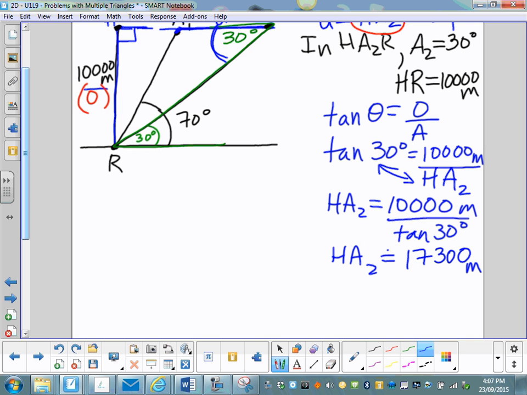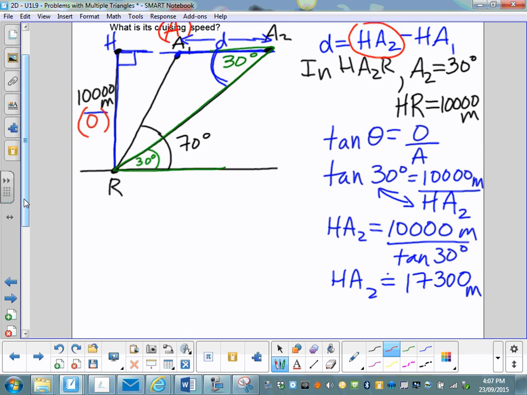Okay? Now, just like we did last time, we're going to work in the smaller right angle triangle. So now we're working in this triangle here, triangle HA1R, and in this one, we know that this angle at the top here is going to be 70 degrees.